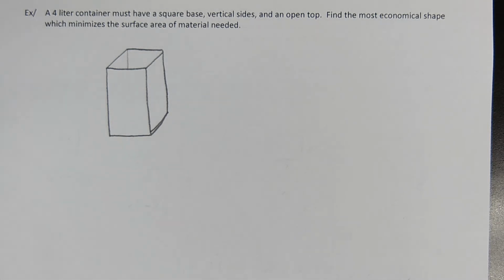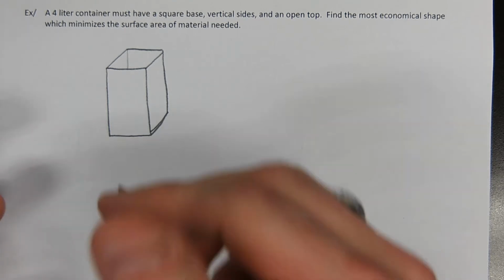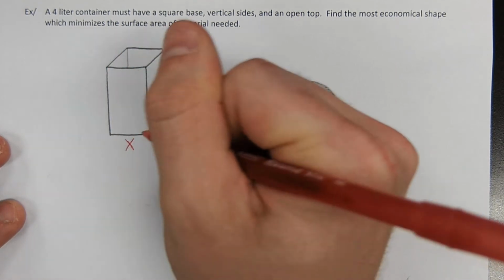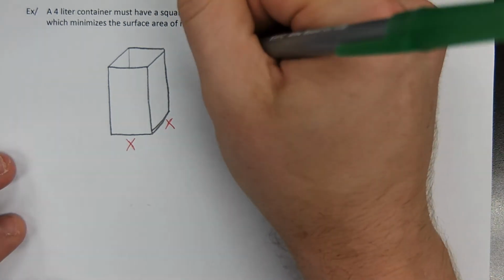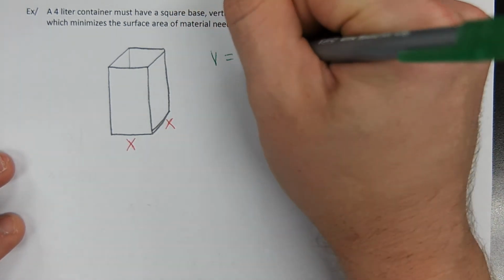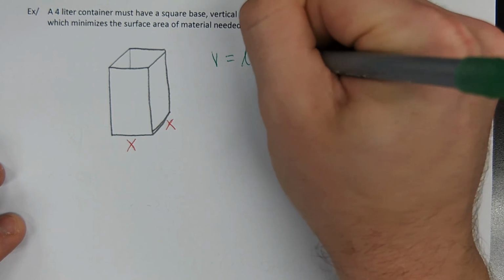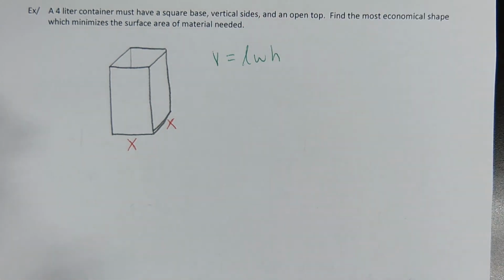Well, let's label our picture. All we know is that the base is a square. So I'm thinking a really good value to put down there would be x. And then x because it's a square. Now volume would normally be length times width times height, right? Well, I have the length and the width. They're x.